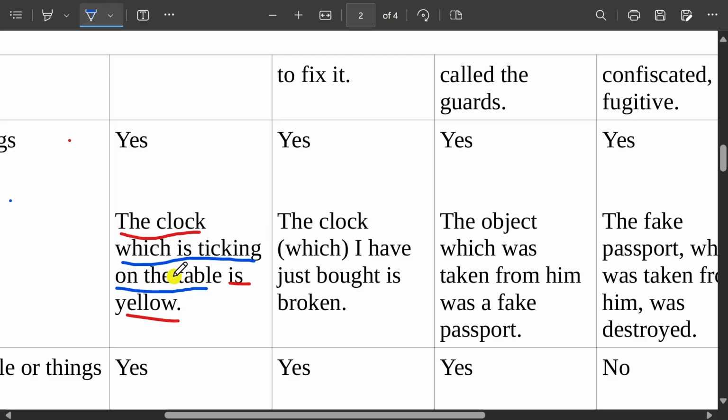So this relative clause over here is an adjective for clock. Remember this? Clock is a noun. And this noun in this case is the subject of the main clause. And now here what we're discussing as a subject is actually which. Which is the subject of the verb to be over here. You see? Is ticking, what is this?